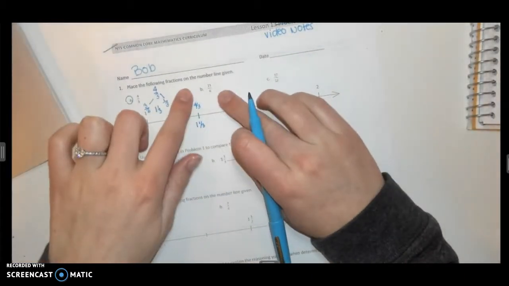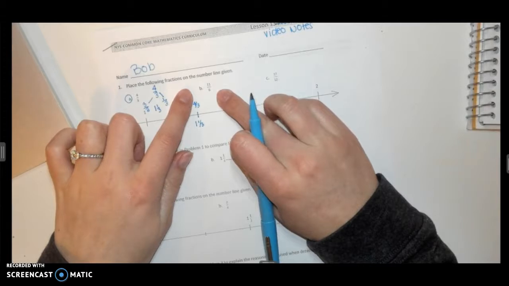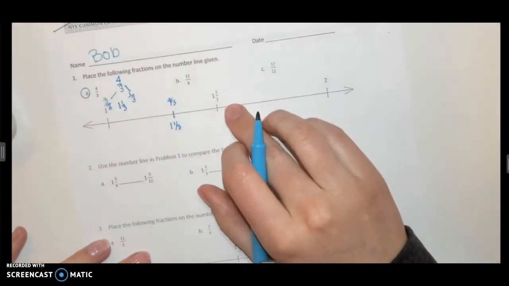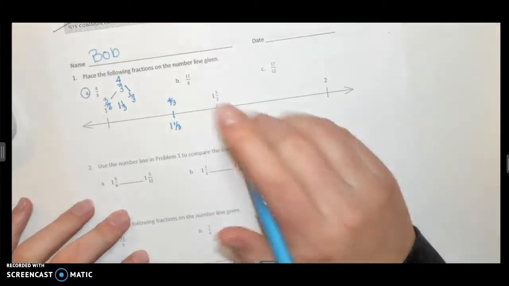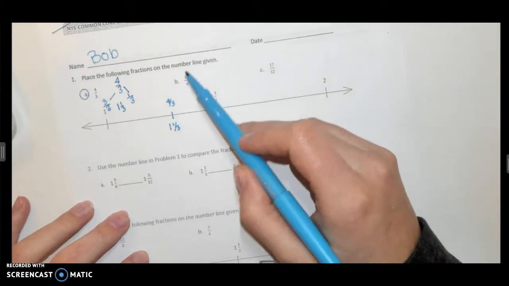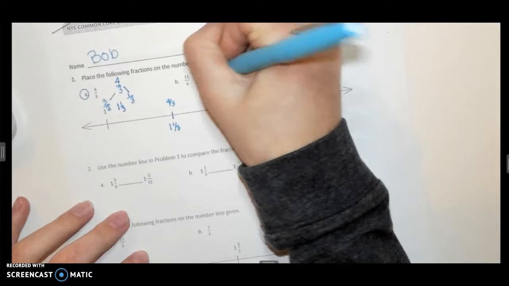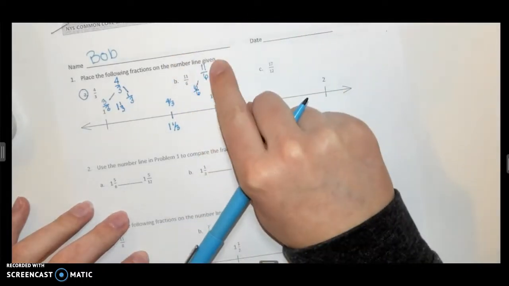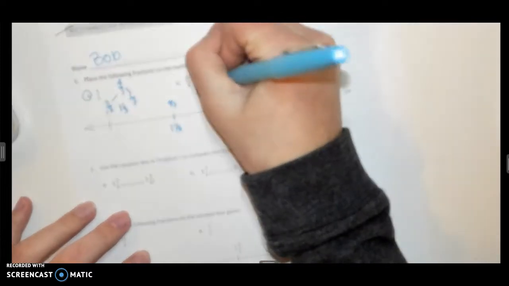So now we'll go ahead and do this one, 11/6. And how we're going to plot this one is we are going to find out what number bonds this represents. So 11/6 has 6/6, and then how many more to get to 11 would be 5, and 5/6.